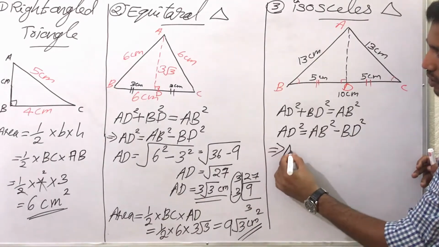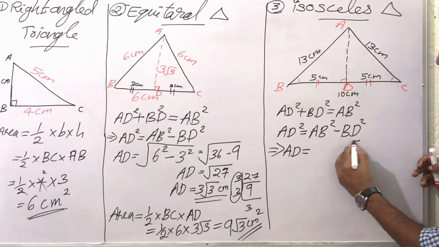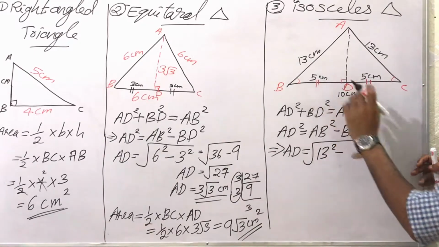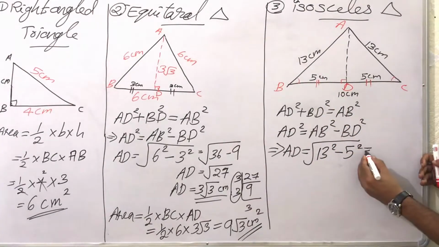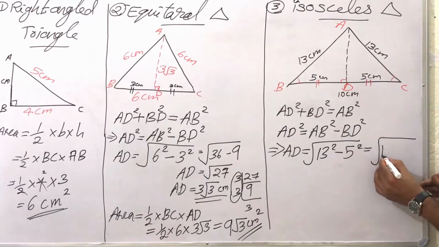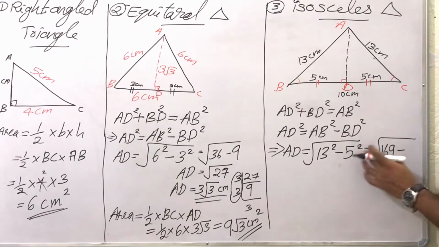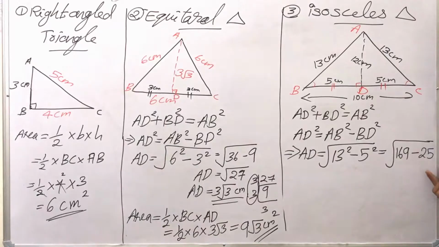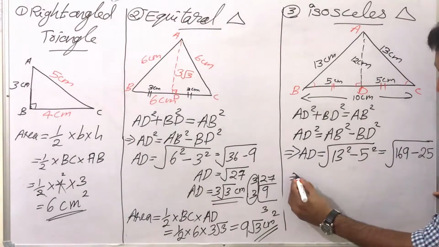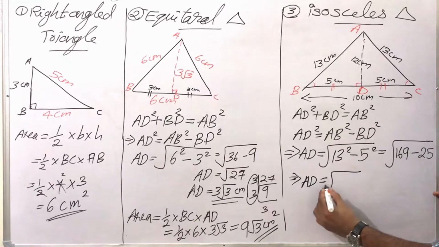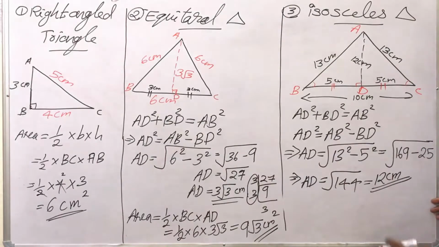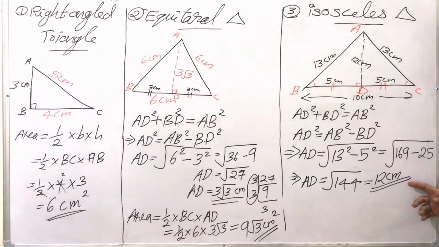That implies AD is equal to, taking the square root on both sides, square root of AB square, which is 13 square, minus BD square, that will be 5 square. 13 square is equal to 169 minus 5 square, that is 25. Now, what is square root of 169 minus 25? Which is equal to 144. Square root of 144 is equal to 12 centimeter. Okay, I am not going to explain how to find the square root. This already I have done in the earlier classes.